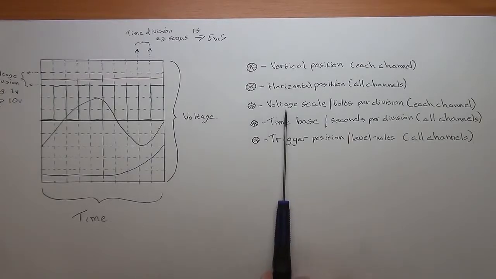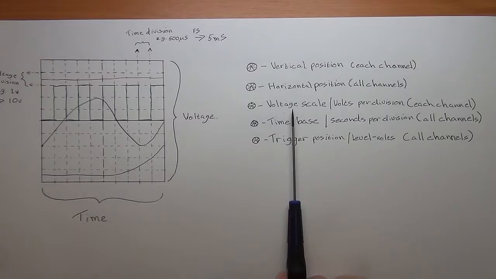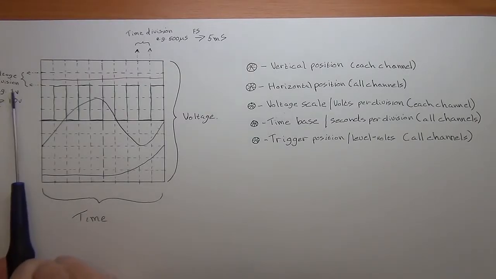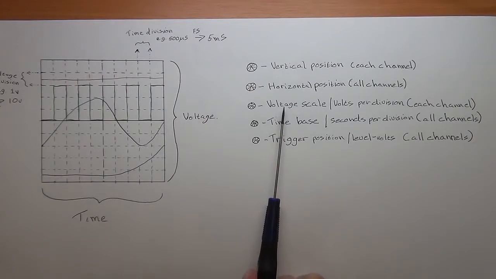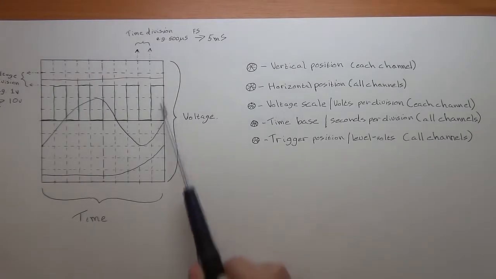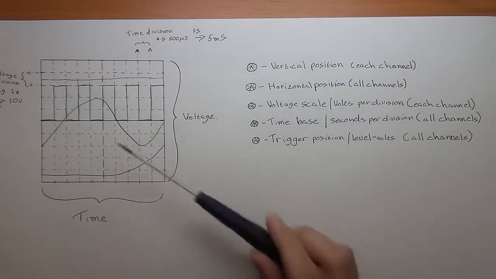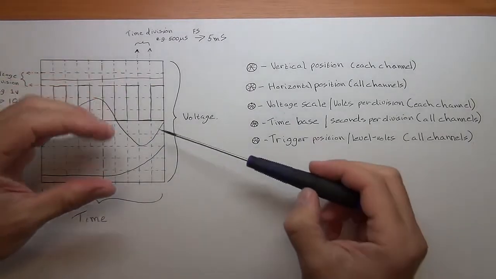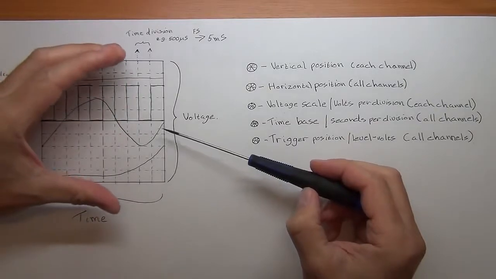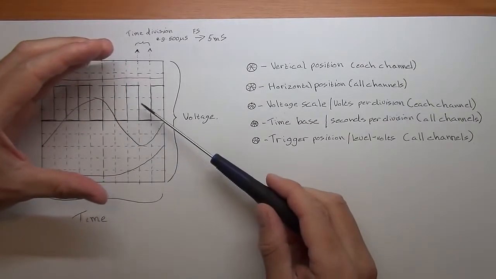The next thing then is the voltage scale, and this is where it gets more interesting. This is where I mentioned you can adjust your volts per division. So each one of these squares, you turn that knob and you can adjust that scale. In essence, it's like a zoom feature, allowing you a closer view of a particular part of the signal.